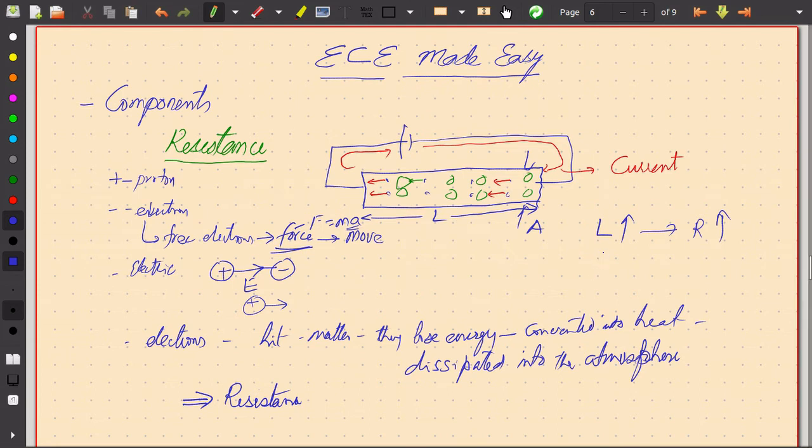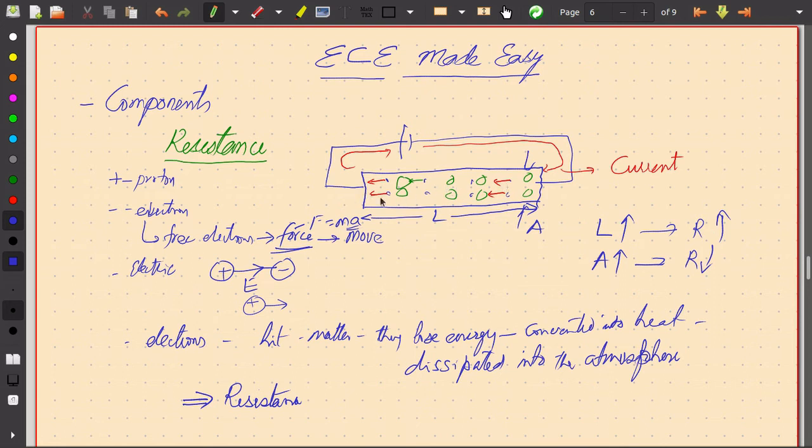Or on the other side, if you say more is the area, then you get more place for the electrons to move, which makes resistance to be smaller. The wider the medium is, the smaller will be the resistance. The longer the medium is, the larger is the resistance.